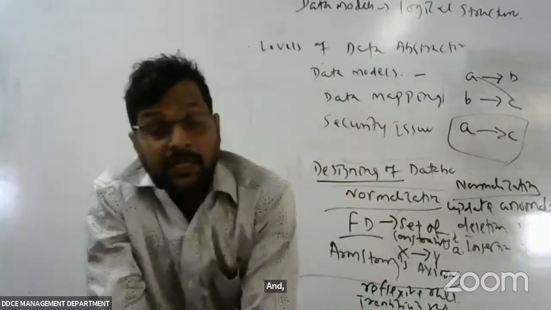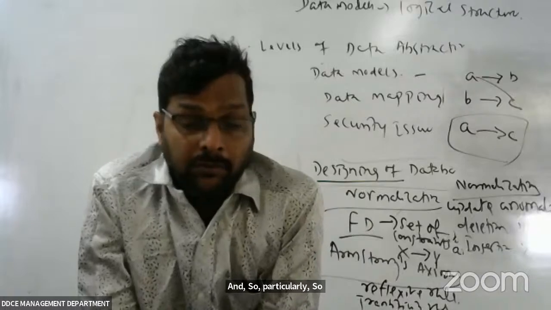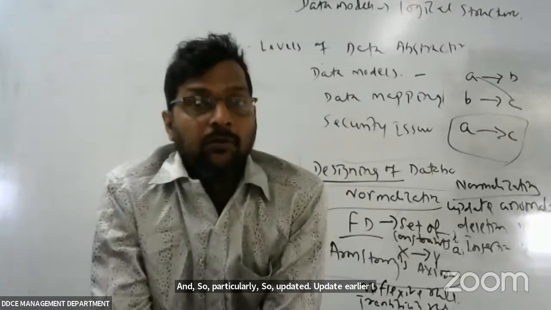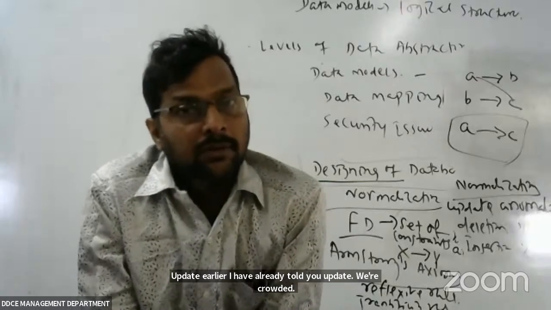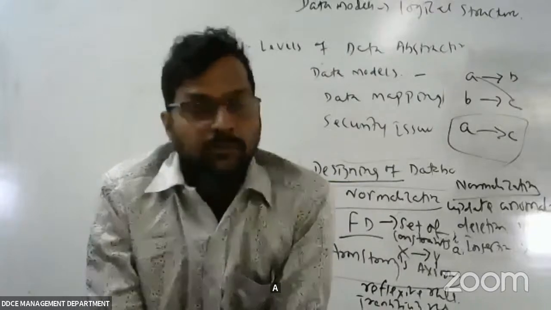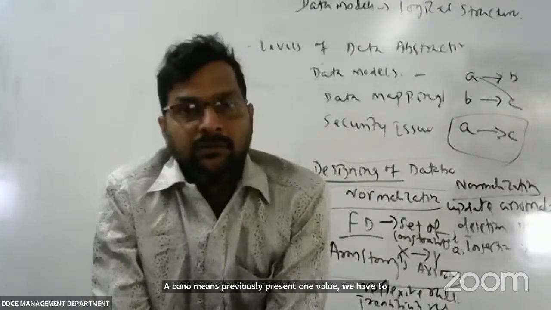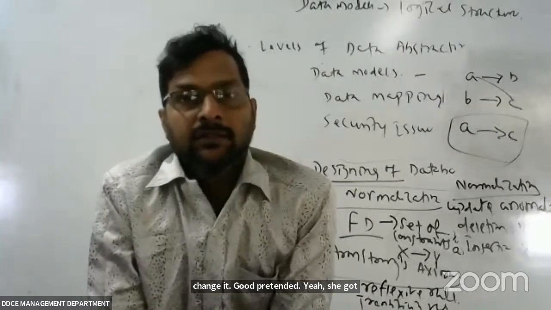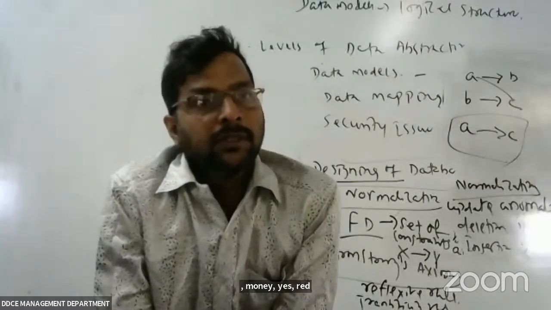Update means we change a previously stored value. For example, you secured an F grade, failed, and then you improved and secured an A grade, so we have to update the data.